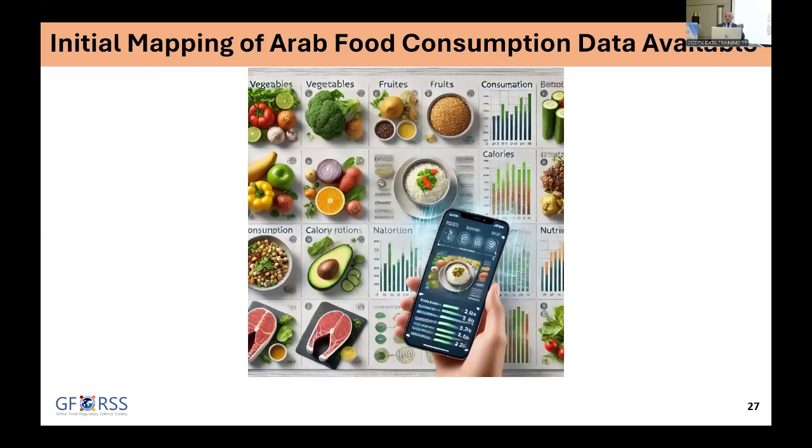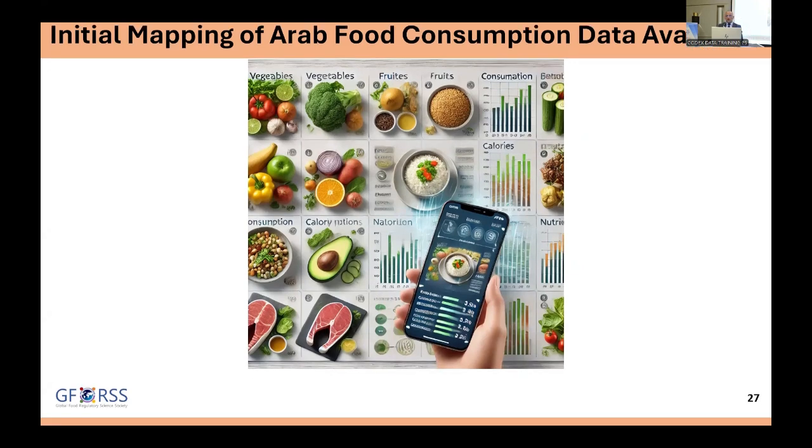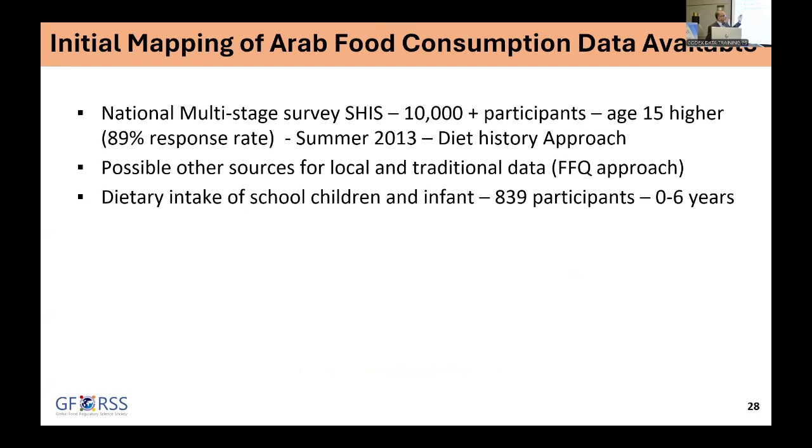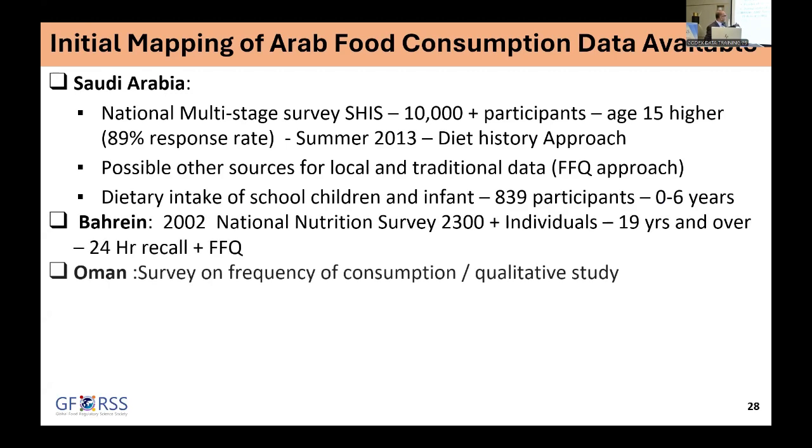The initial mapping of the Arab food consumption data is already available. We had several sources from different countries. Obviously, I will not go through it in detail, but we have data from Saudi Arabia, Bahrain, and Oman.